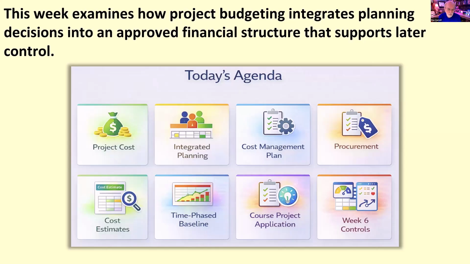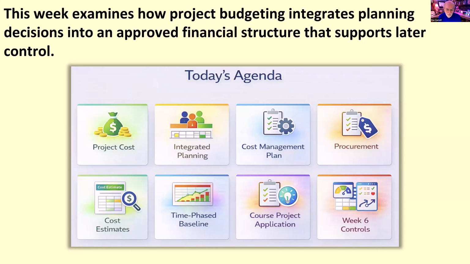And we'll also talk a little bit about the importance of time-phased budgeting and something called a performance measurement baseline, since the baseline becomes much more useful when it supports later monitoring and control rather than just as a total budget figure, and it'll have that time aspect to it.